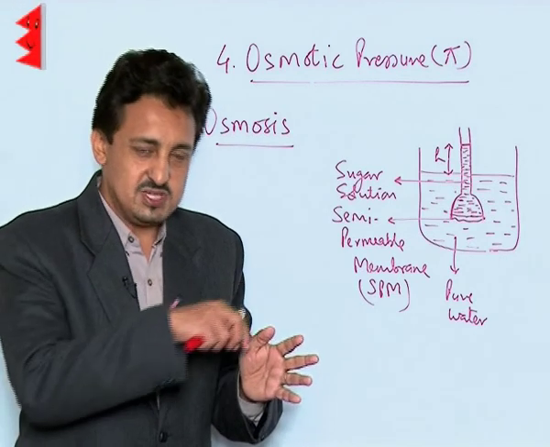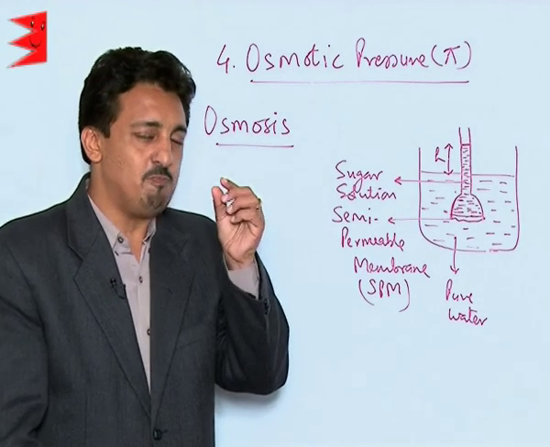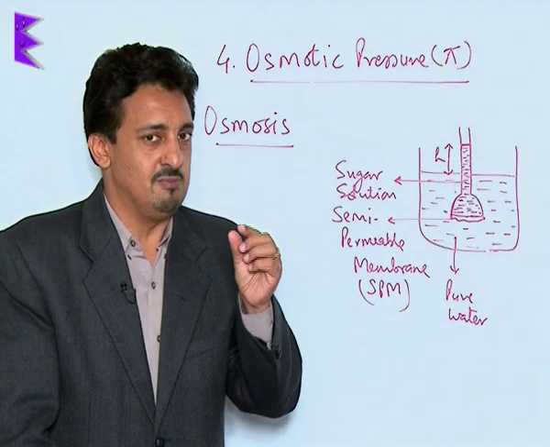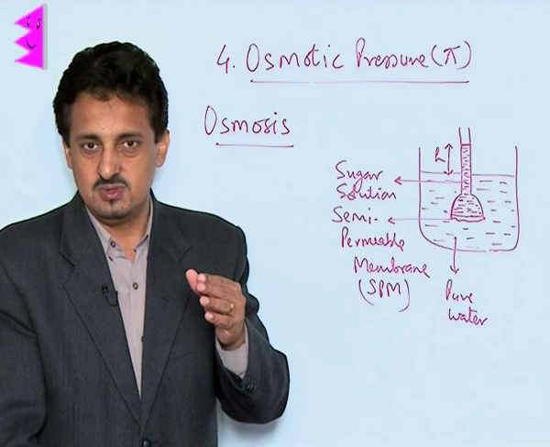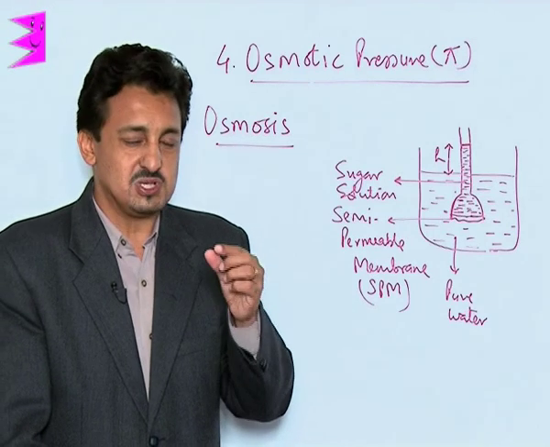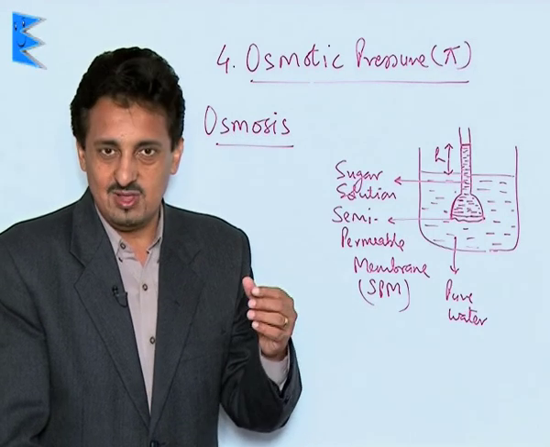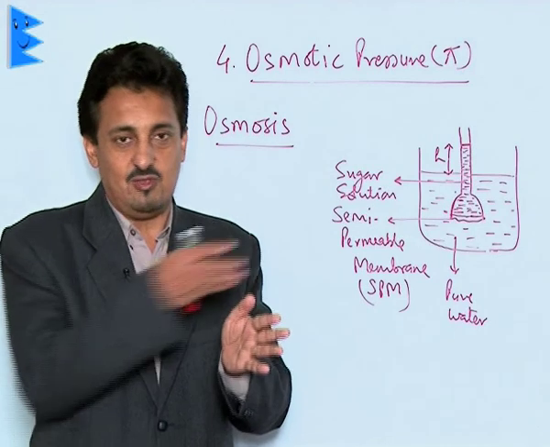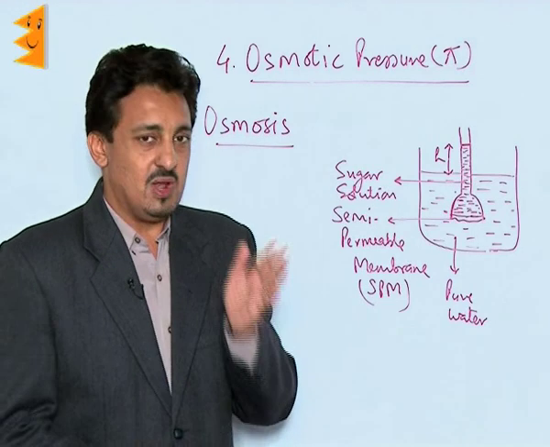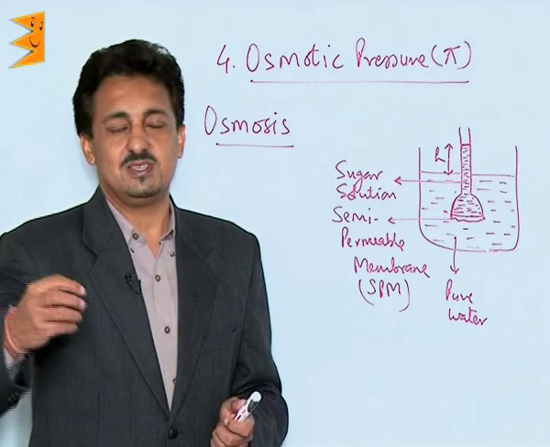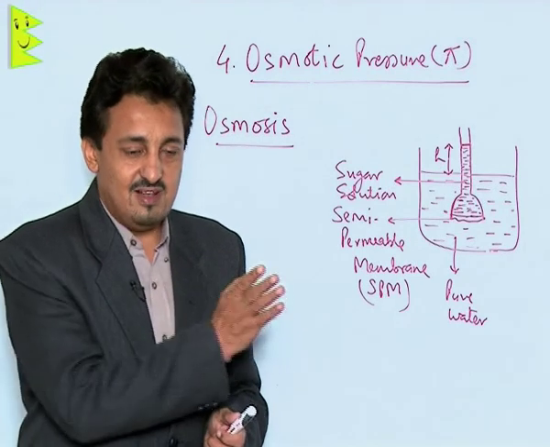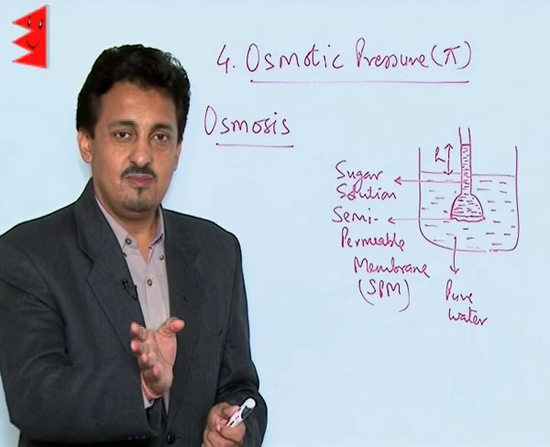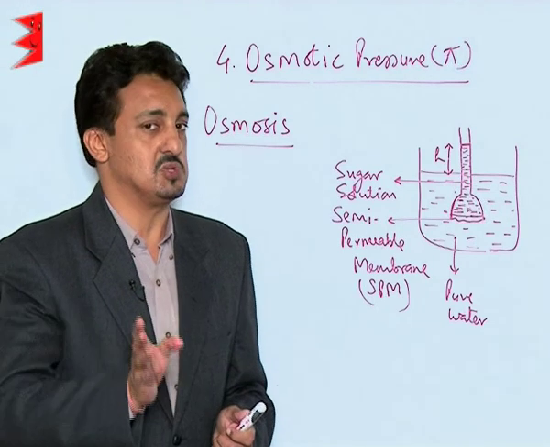And this movement takes place through the small pores in these semi-permeable membranes, through which only the solvent molecules are allowed to pass. These small pores are so small that the solute cannot pass through them, so it only allows the movement of the solvent molecules across them. So the solvent molecules start passing through it. And this concentration gradient results in the movement of the water molecules, and this water molecules movement is called osmosis.